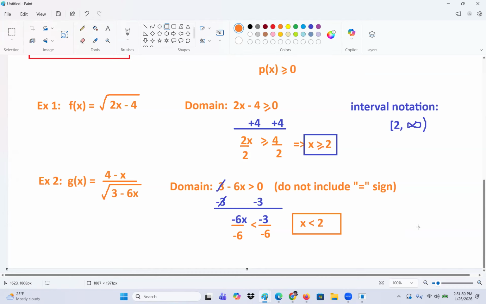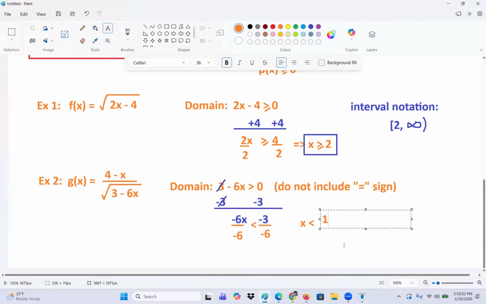Are we good? I'm so sorry, -3 over -6 is 1 over 2. So x is strictly less than 1 over 2. When we write the interval notation, we want to make sure that we don't use the bracket.